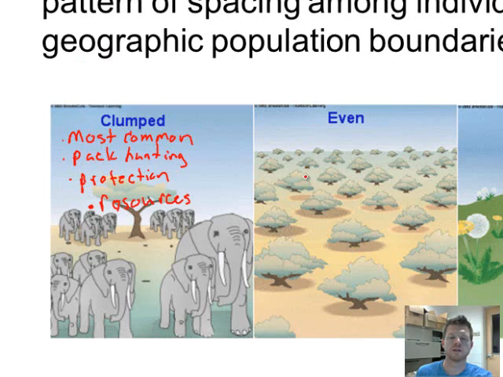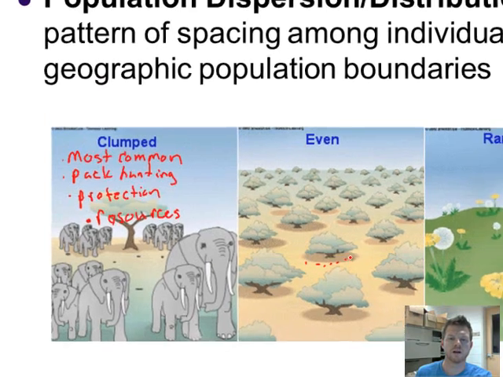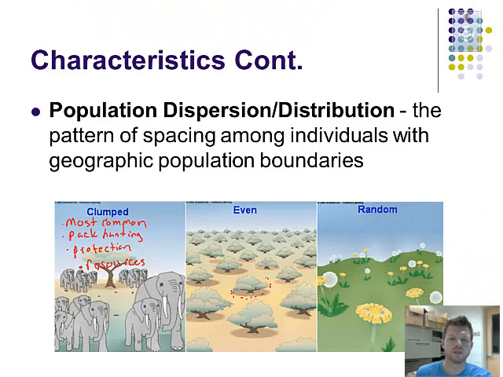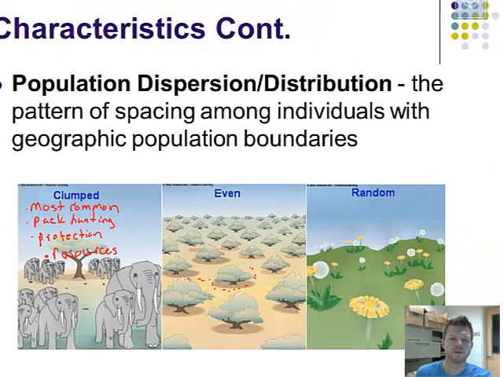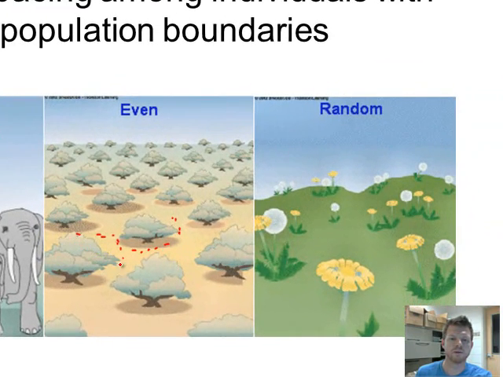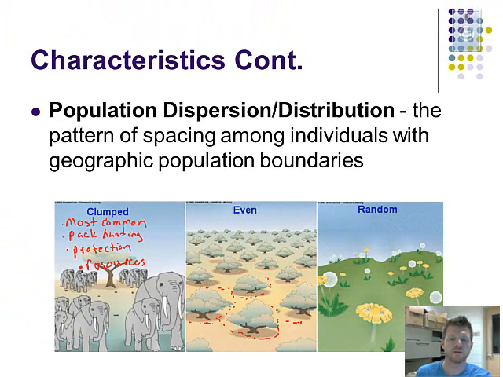Our next one here is even. As you can see, there's an even distribution of these trees here. You can kind of see they almost have a bit of a bubble around them, and this would be the particular resources that they need. So they have created a bit of a pattern here of even distribution.